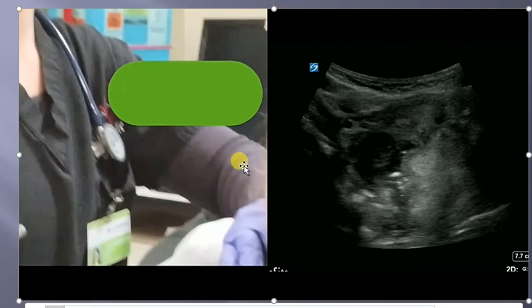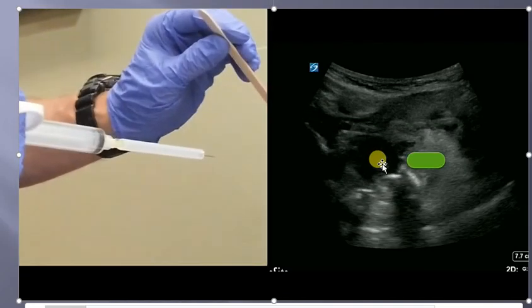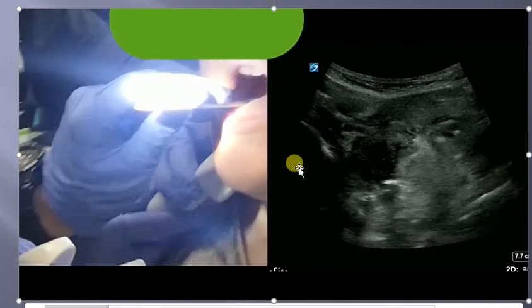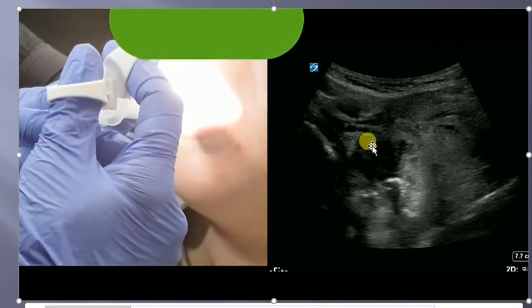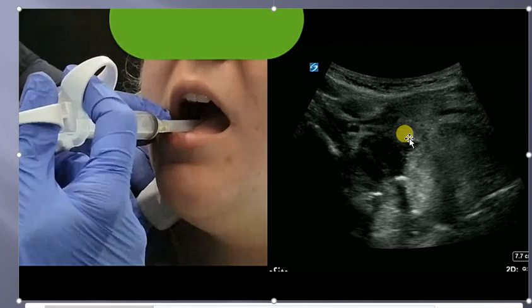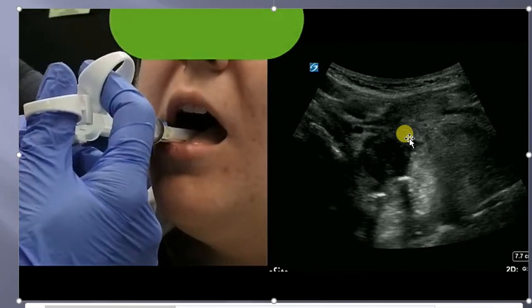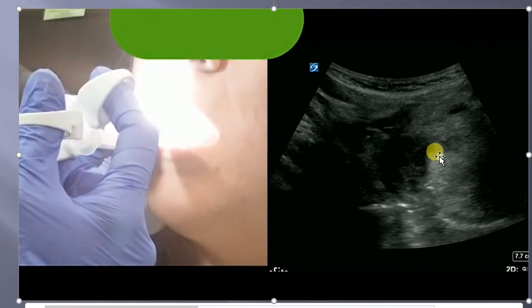I have an assistant holding on to the probe for me, and we're identifying where this abscess is. I've got my needle sheath cut. And you can see by my headlight when I'm looking in her mouth and when I'm looking at the ultrasound screen. So the needle is going in, but initially I don't really see the needle.